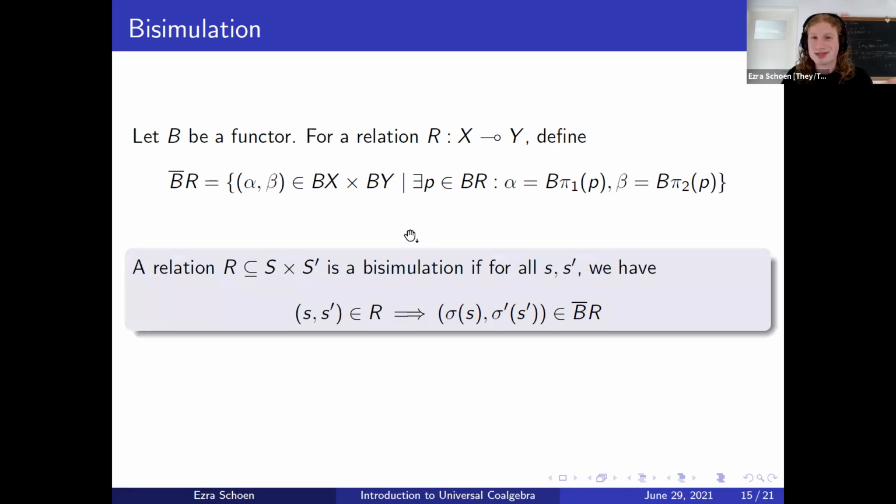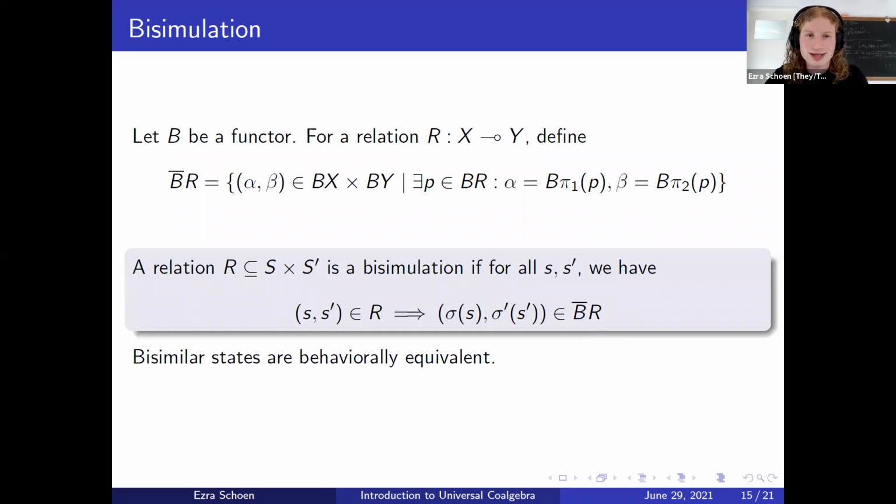And then a relation is a bisimulation if, when S and S prime are related by R, their unfoldings are related by the lifting of R. And as we've seen before, bisimilar states are behaviorally equivalent. Sadly, not always the other way around.